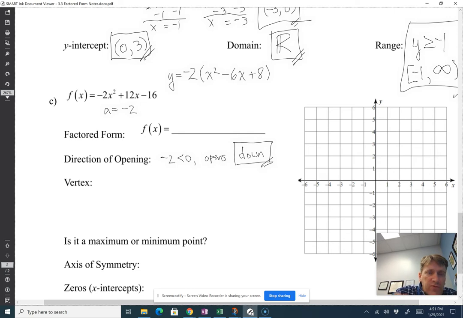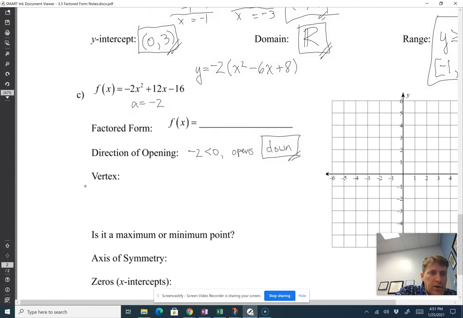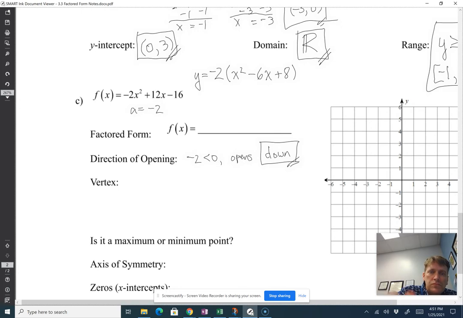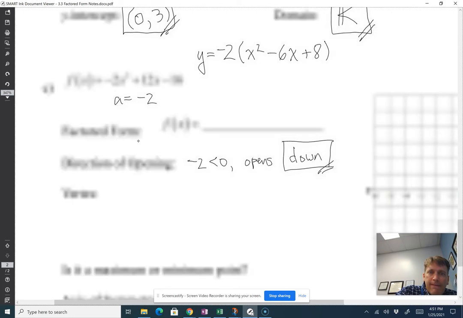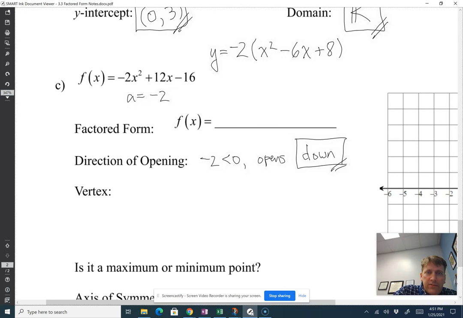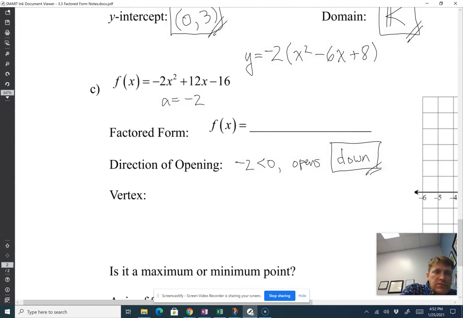All right, our factored form. Well, for that, we need to factor this. I'm going to use my margins. So I say AC.